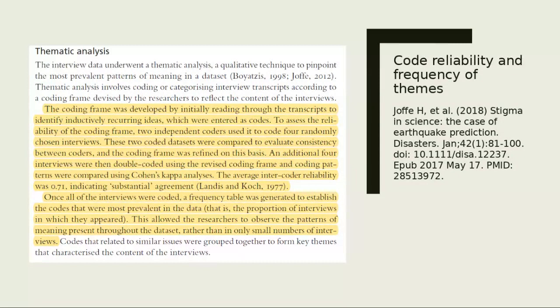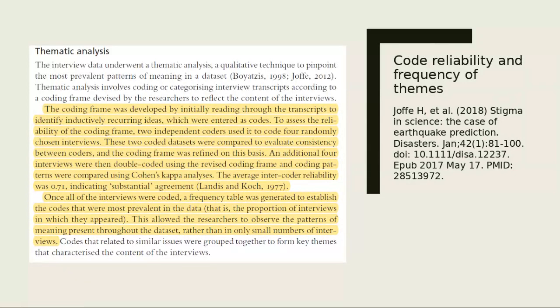An additional 4 interviews were then double coded. And then you have the Cohen's Kappa analysis, where they say the average intercoder reliability was 0.71, indicating substantial agreement. So you see here how they are reporting on that Kappa score and the attention given to that intercoder reliability.